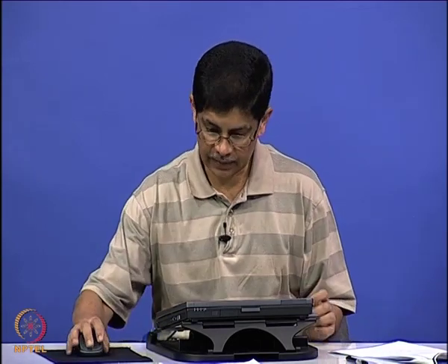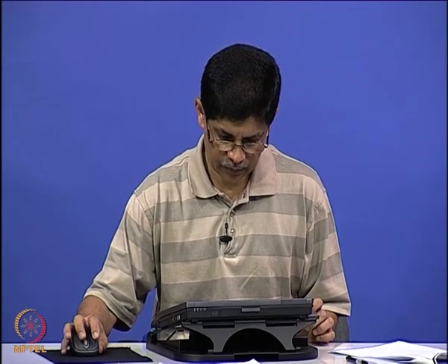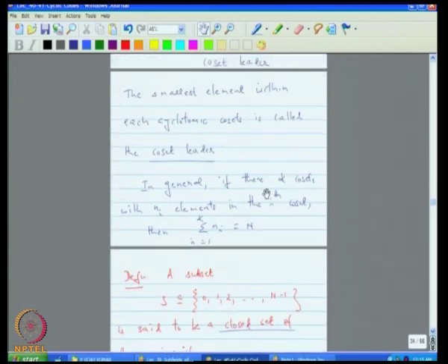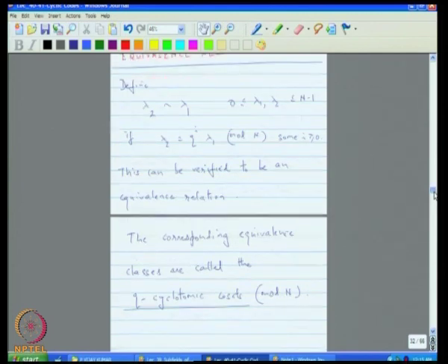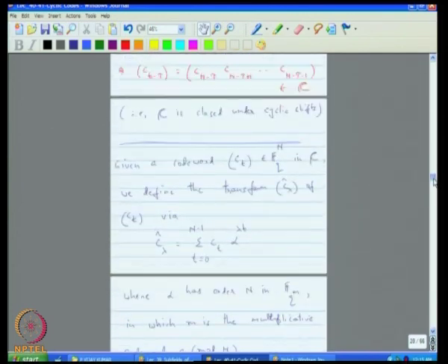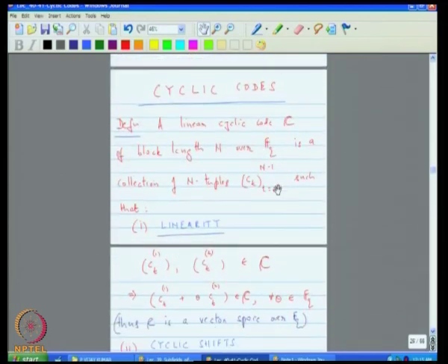And we were adopting a transform viewpoint of these codes. So, towards that, and I think we just about got started over there, so let me take up the discussion on cyclic codes and lead you a little bit slower through that, since we will be continuing that discussion in the present lecture.